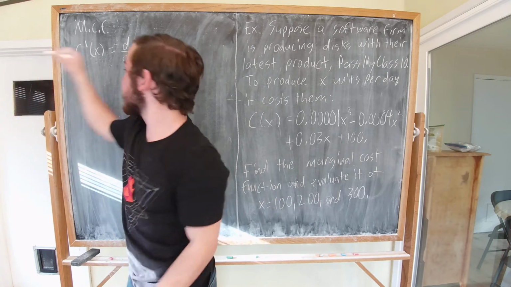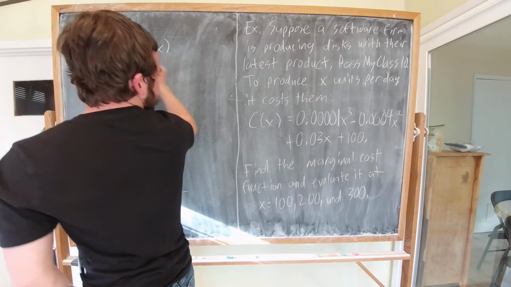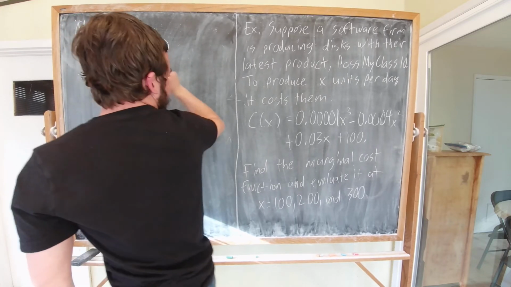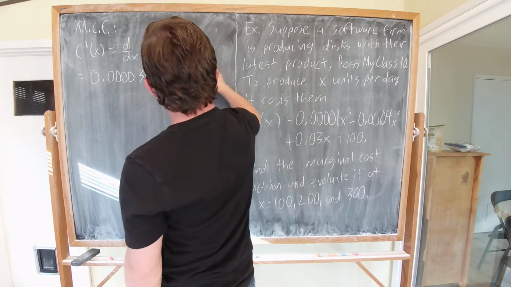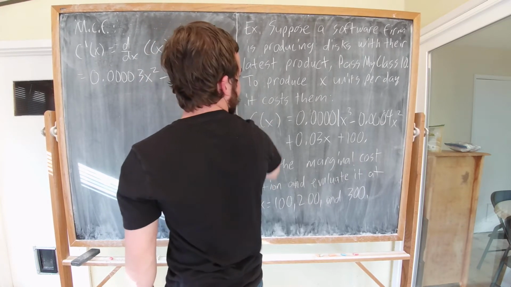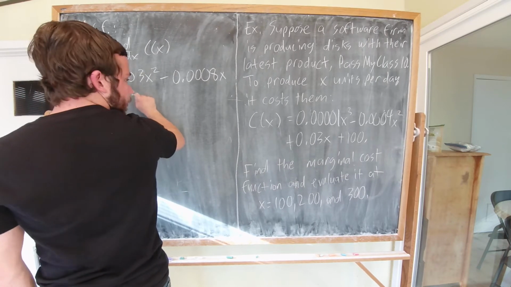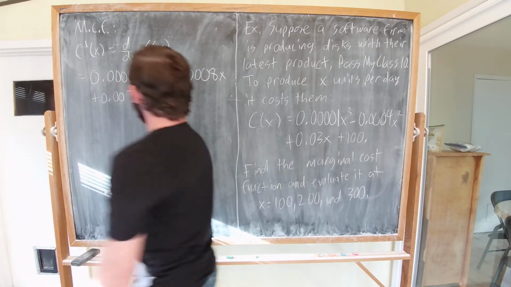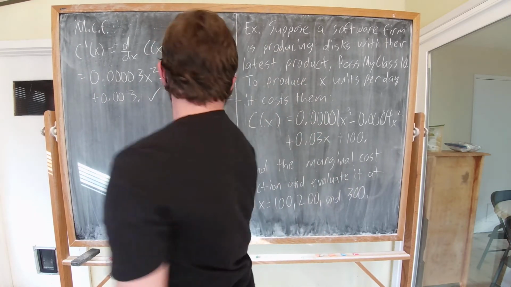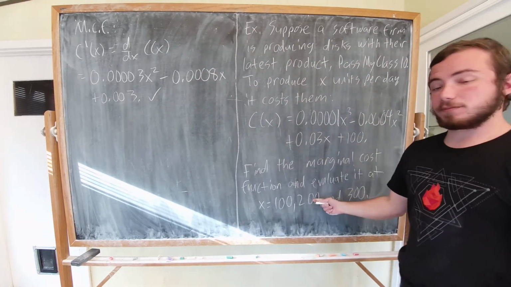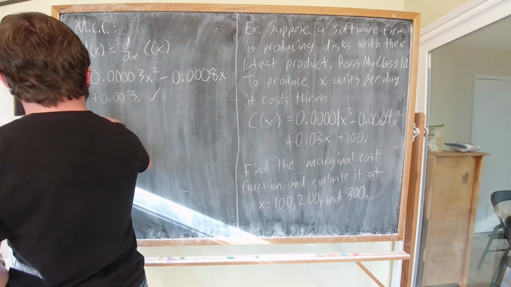You should get 0.0003702 x squared minus 0.0008 x plus 0.03. Alright, so that's our marginal cost function. Done. And now we evaluate it, which means we need to find C prime of 100.